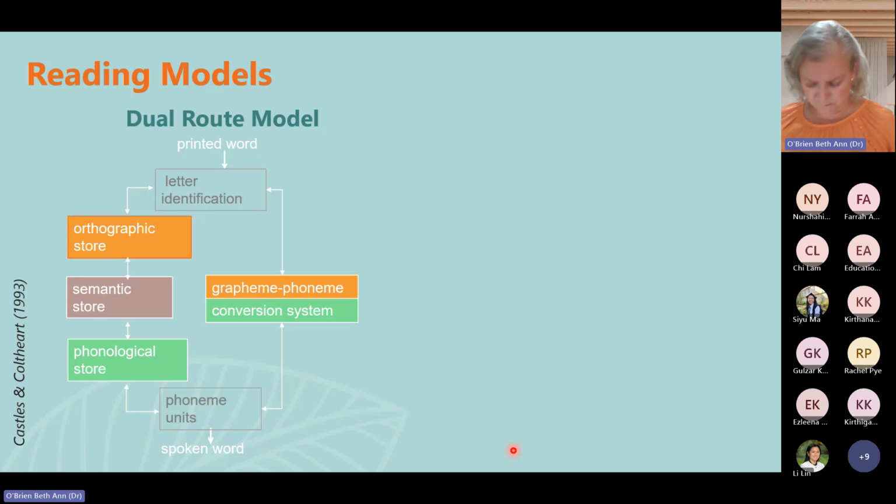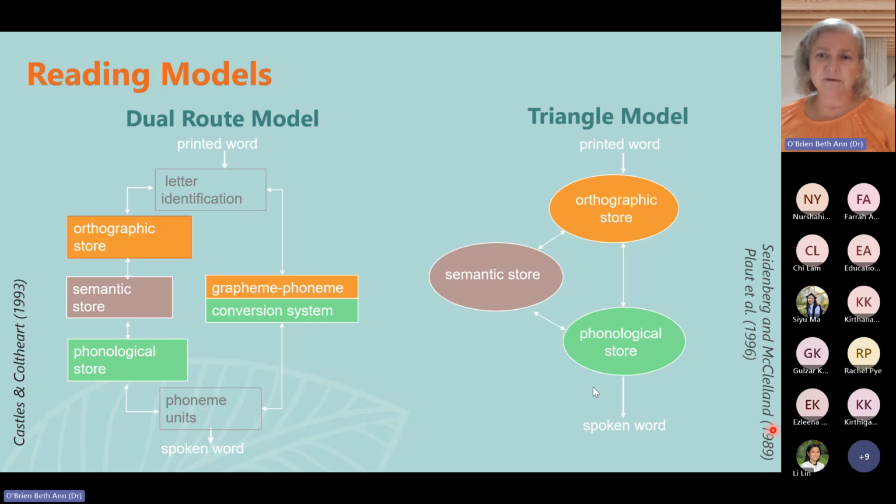The alternative to the dual route model that's been posed, and there's still some debate back and forth about which of these is a better model to describe the reading process for humans, is the triangle model. It was a model that was developed from neural networks of reading, originally from McClelland and Rumelhart and Plaut and others.